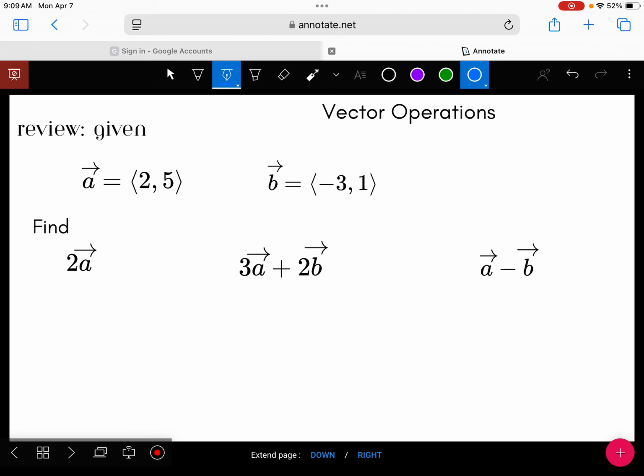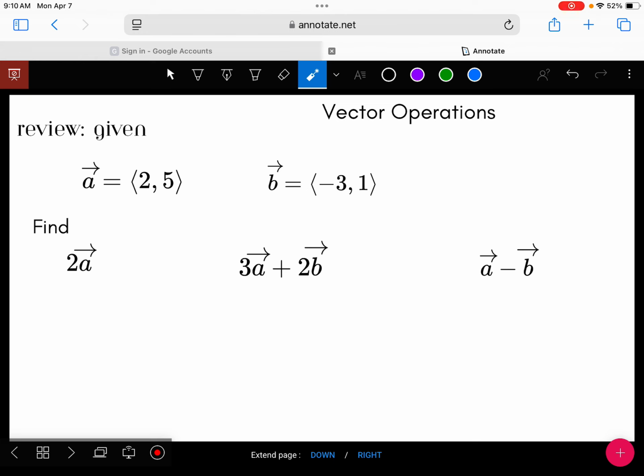Okay. So our vector operations. We give you a couple of vectors. I've got A here and we've got B. Vector A has component form 2, 5. And vector B has component form negative 3, 1. This is called scalar multiplication. 2A.